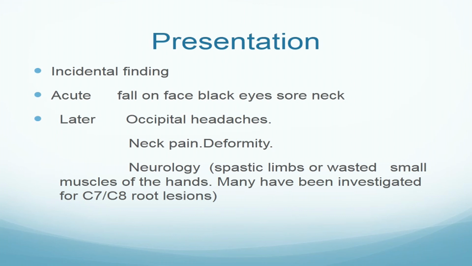Or an ununited fracture, maybe a fall on the face. The patient presents with black eyes and a sore neck. Think about it. Later, they may say, you know, I fell a month ago. An old man, I fell a month ago. And if a patient puts his hand behind his ear, or her ear like that, or either side, if they do that, you know exactly where the pain is coming from.